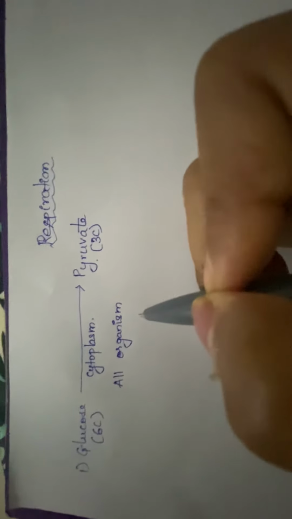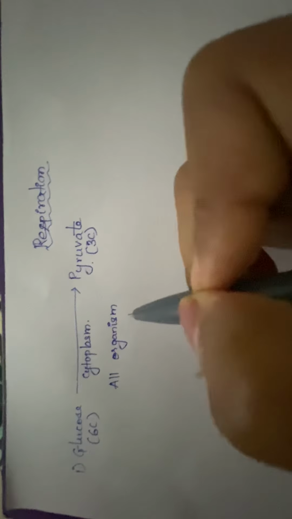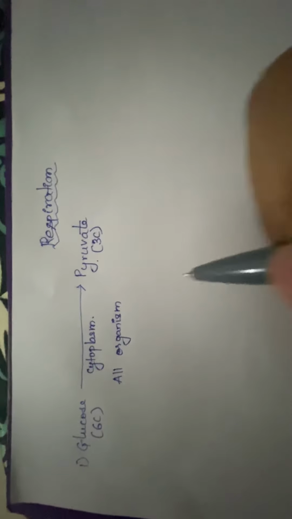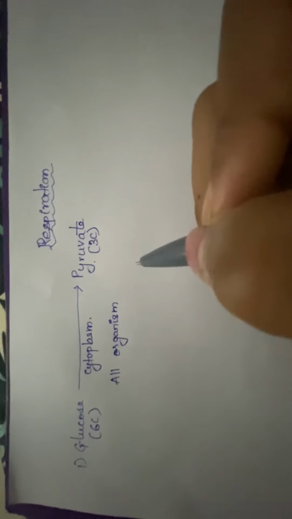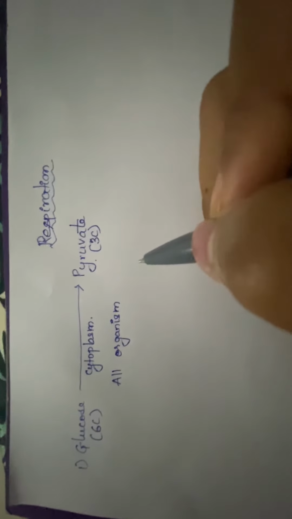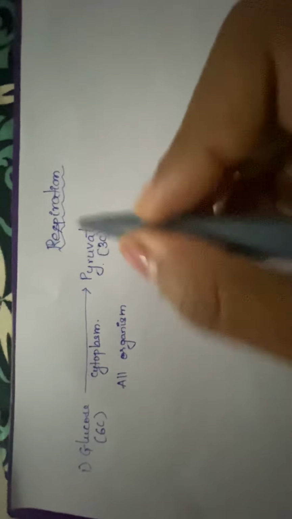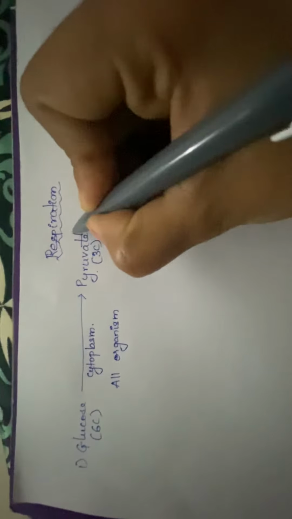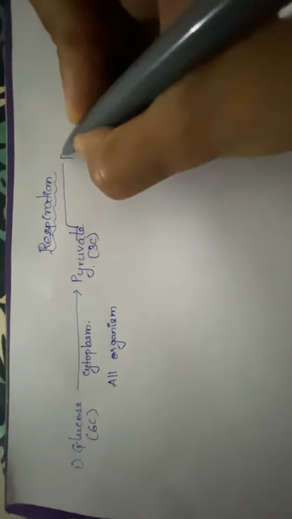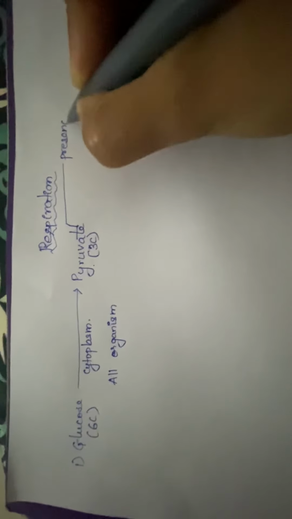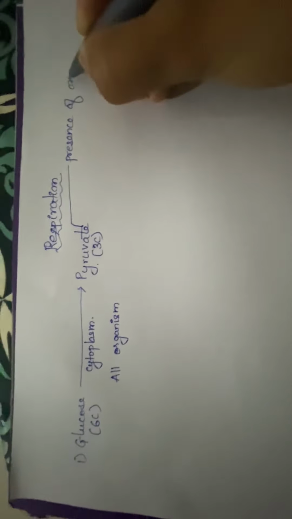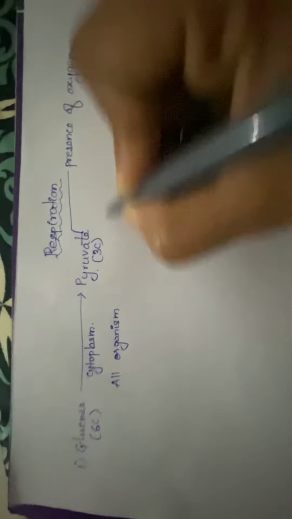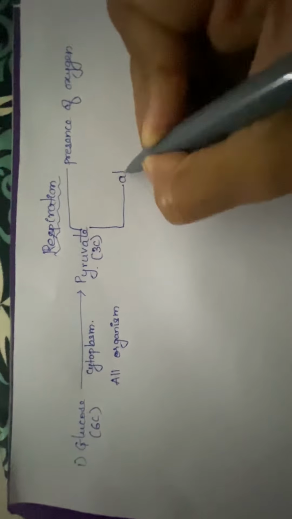Now further, how this energy will be liberated from pyruvate depends upon the conditions. There are organisms which further break down this pyruvate in presence of oxygen. There are organisms which break down this pyruvate in absence of oxygen.